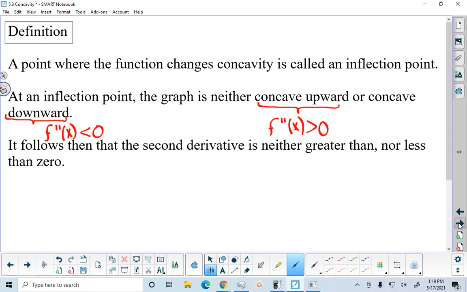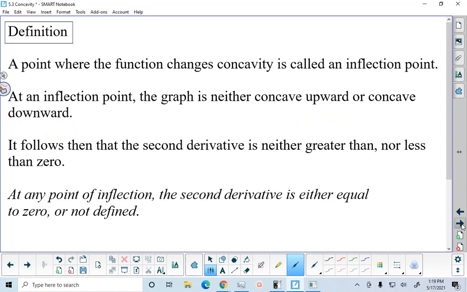So at an inflection point, if it's not concave down and it's not concave up, then the second derivative cannot be positive and it cannot be negative. Well, what are the only other possibilities? The second derivative at that point must either be equal to 0 or not defined. Just like a max-min must have a first derivative that's either equal to 0 or undefined.